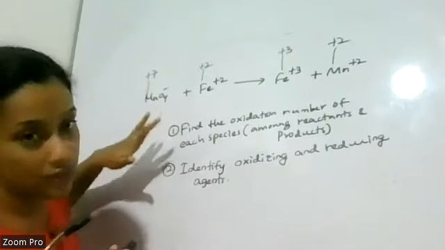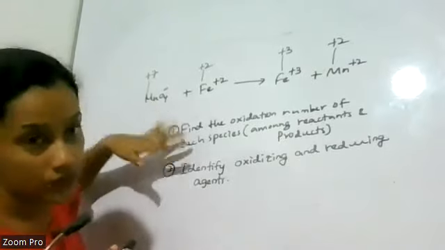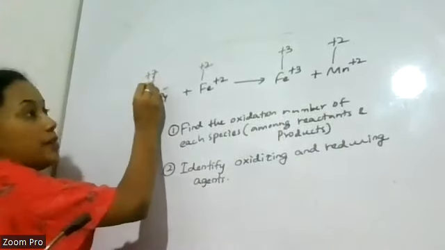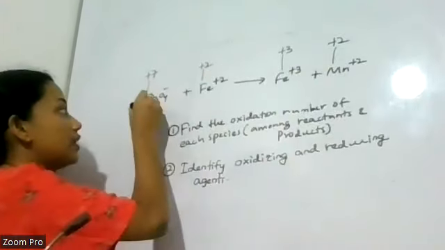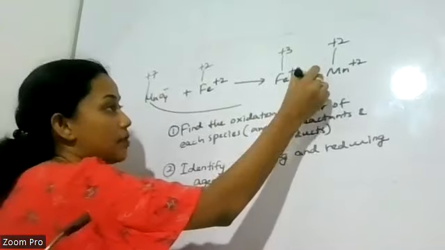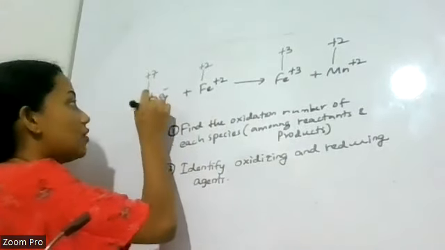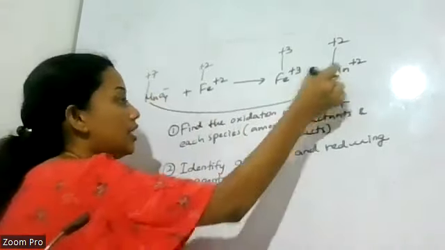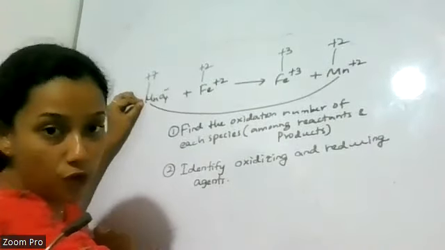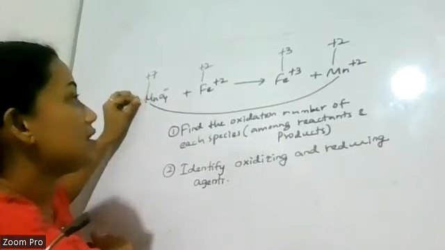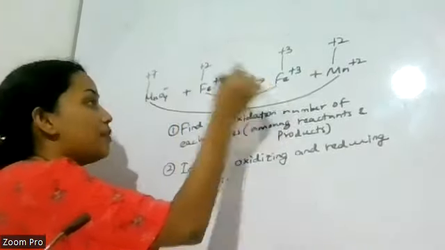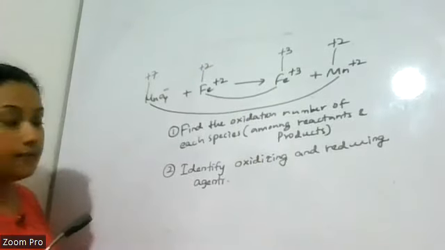Where reduction takes place, it is called an oxidizing agent. Manganese +7 becomes +2, therefore the reduction takes place. That means it is called the oxidizing agent. Here the oxidizing agent is MnO4 minus. That means the reduction takes place here, and oxidation takes place here. Correct.